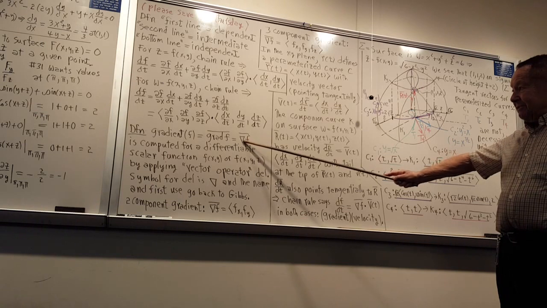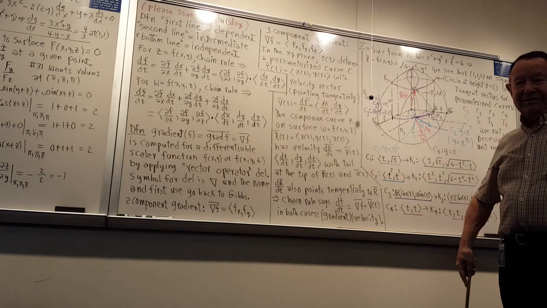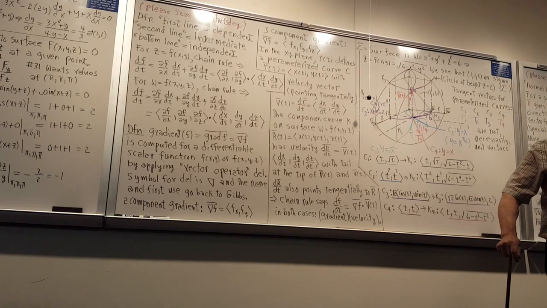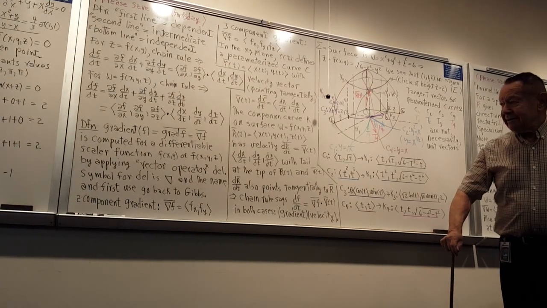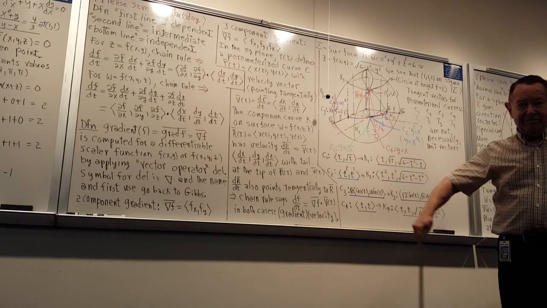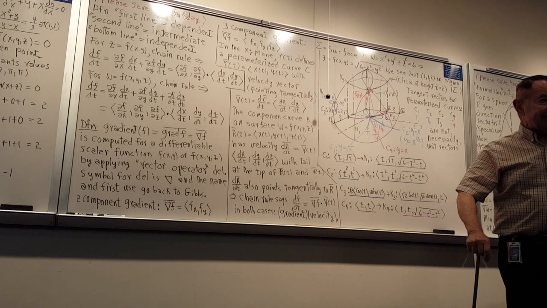This upside down Greek letter delta is called del in this country anyway, and the use of the symbol and choosing the name del seems to go back to Gibbs.